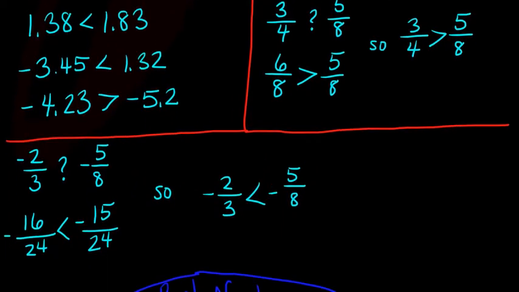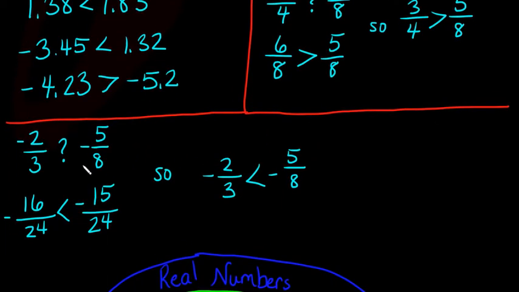Another one using negatives. -2/3 and -5/8. How do they compare to each other? Well, I found the common denominator of 24. I had to multiply 3 by 8 to get 24, so I'm going to multiply -2 by 8, so I got -16. So we have -16 over 24. And then I had to multiply 8 by 3, so I need to multiply 5 by 3, and it's negative, remember.